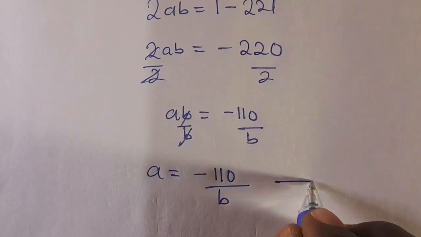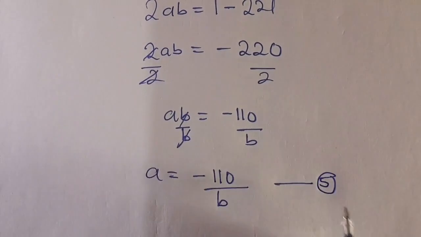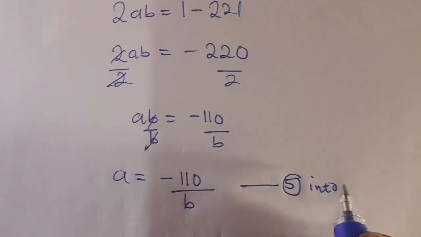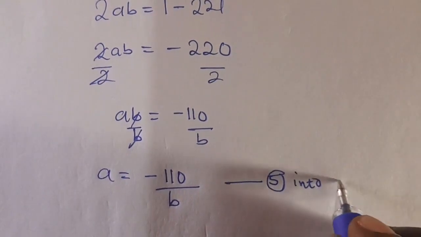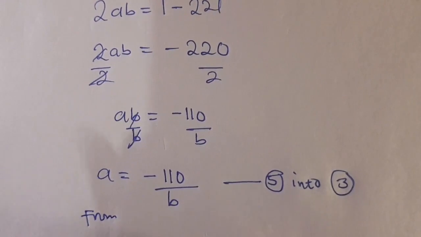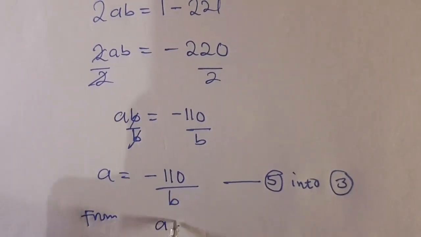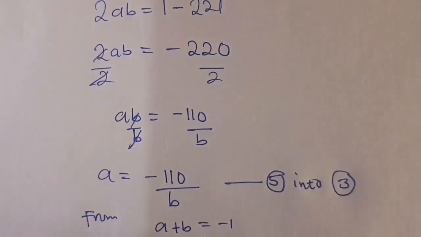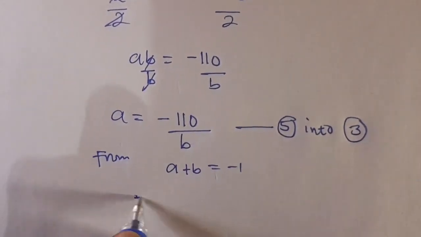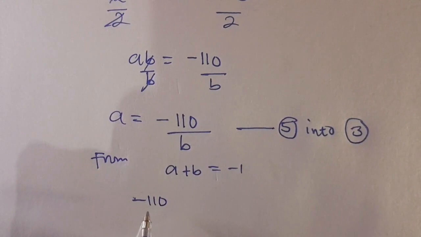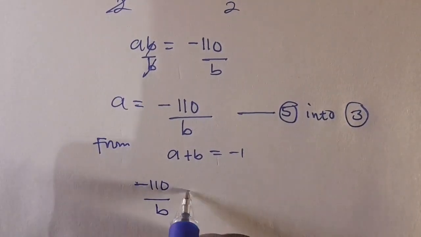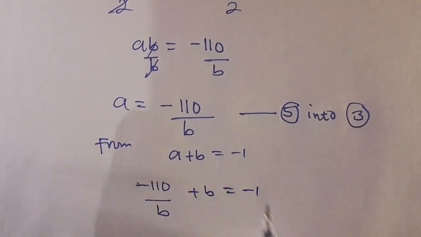So when we have this as equation 5, then we substitute equation 5 into equation 3. From equation 3 we have a plus b equals minus 1. So now when we put the value of a here, we have minus 110 divided by b plus b equals minus 1.